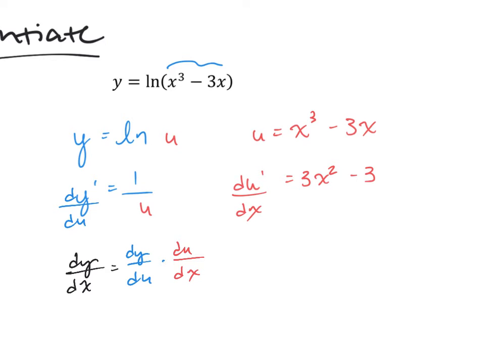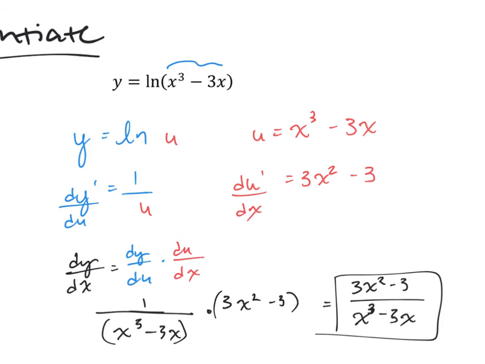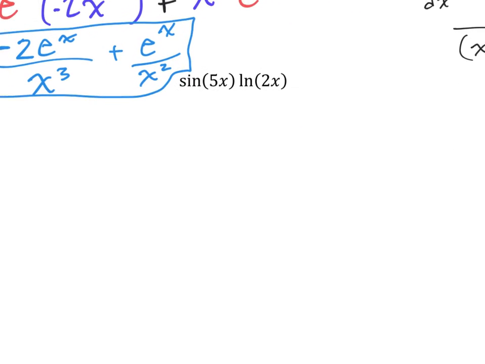So we're going to get 1 over u times 3x squared minus 3, and u is just going to be x cubed minus 3x. So the simplified version of this would probably just be the numerator over the denominator. That's a cubed. Let me know questions.